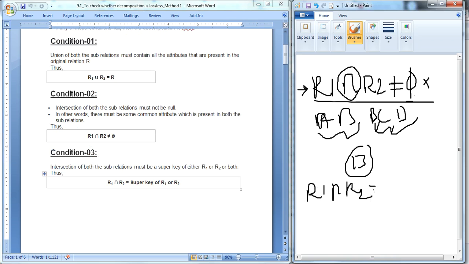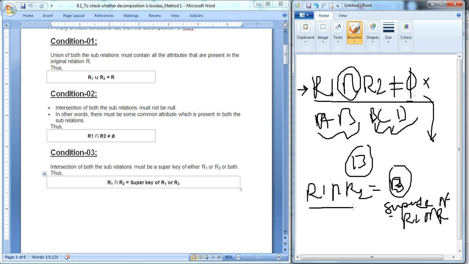We got B, and this value should be a super key of R1 or R2. That is simply the third condition.